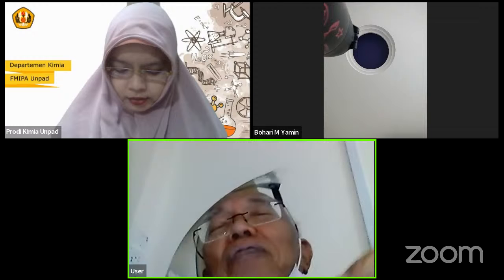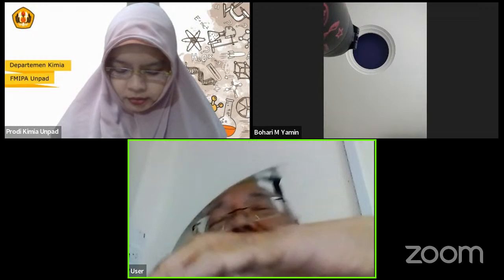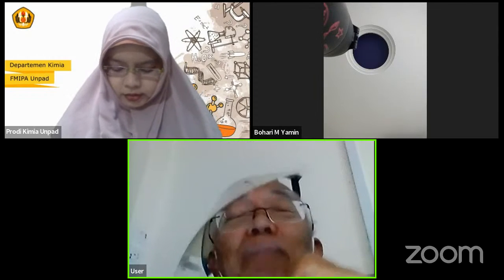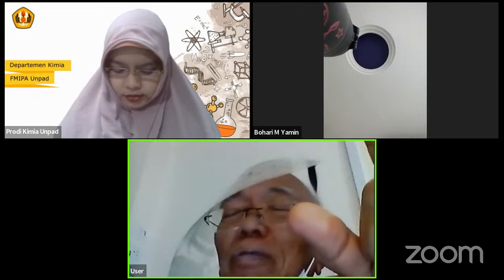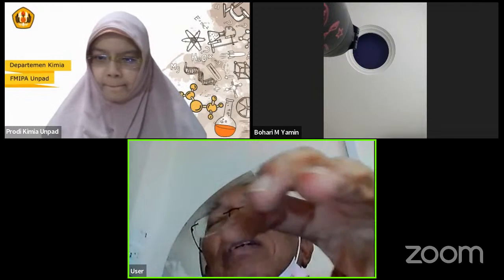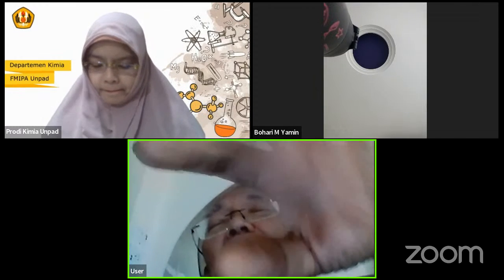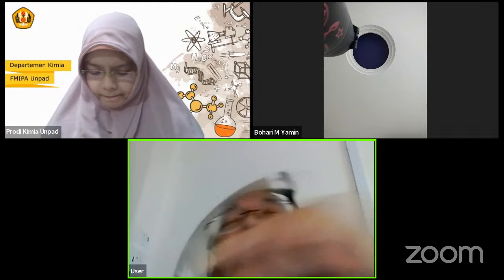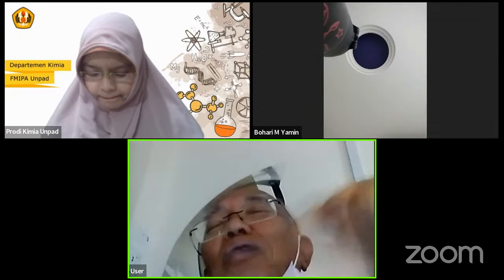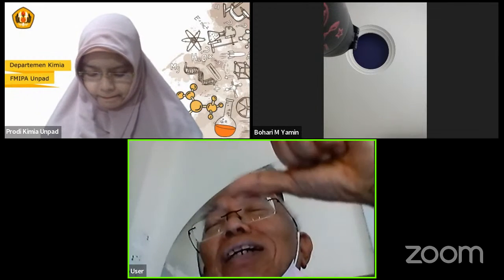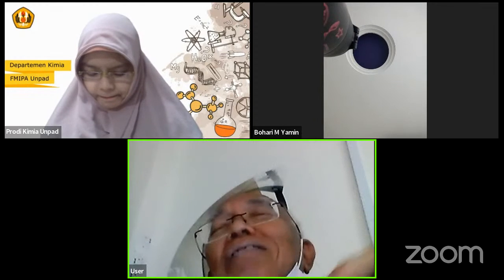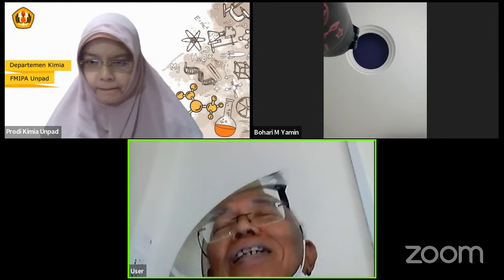So with steric factors, if the ligand inside the complex is inert, it is not easy to be replaced. Number one, you can tell from the kinetics. Sometimes one particular ligand in the complex is bigger than the rest. So when you bring in a new ligand, which one will be replaced? Is it the bigger ligand or the small ligand? Then you have to consider the direction of the substitution.